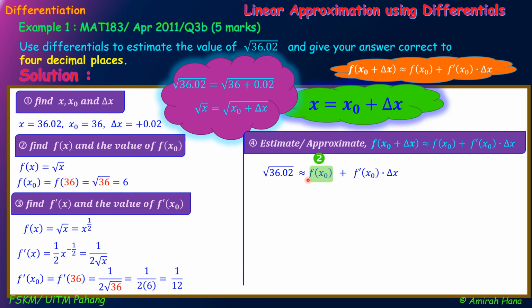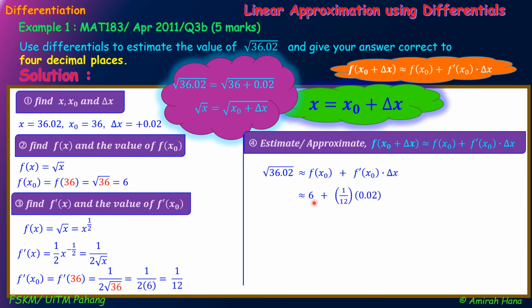From here, we substitute the value of f(x₀), which we get from step 2. And then we substitute the value of f'(x₀), which we get from step 3. And then we substitute the value of delta x, which is from step 1.